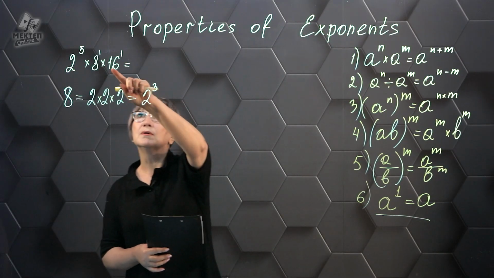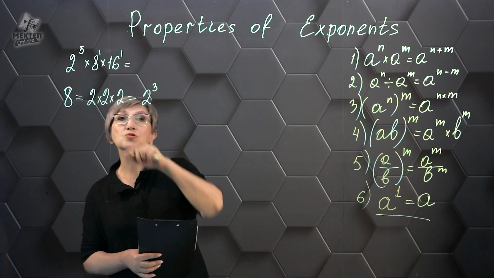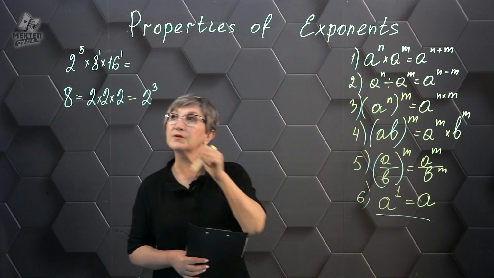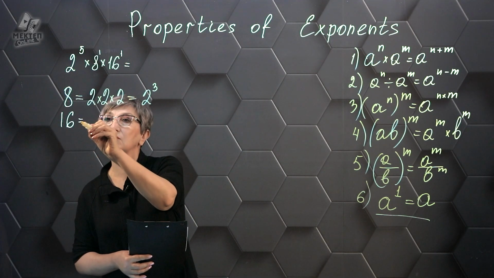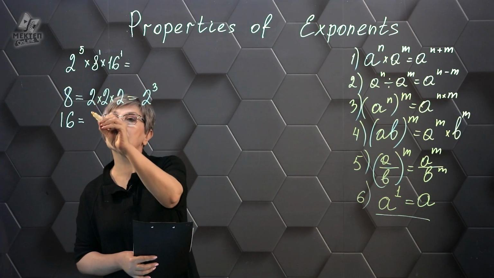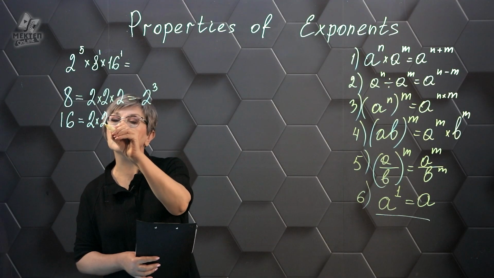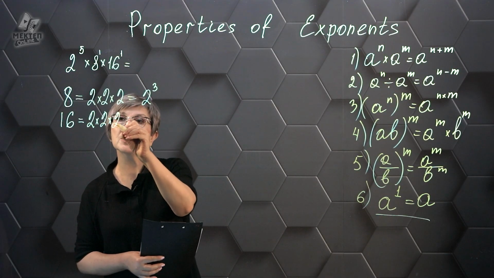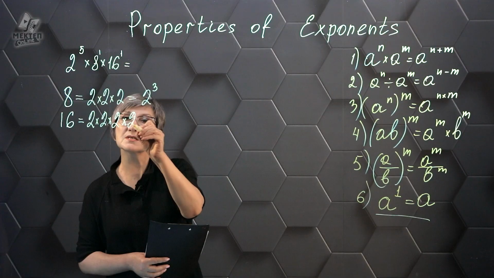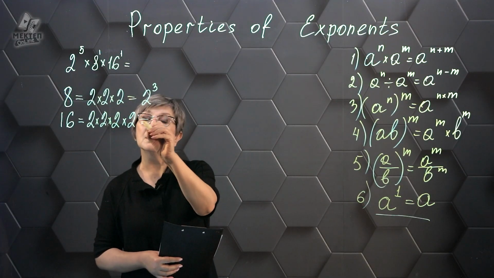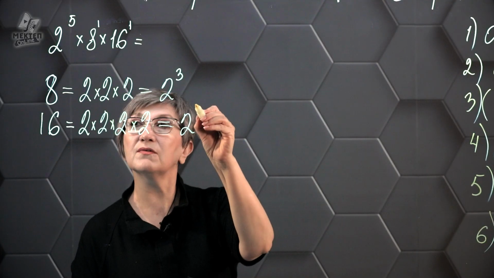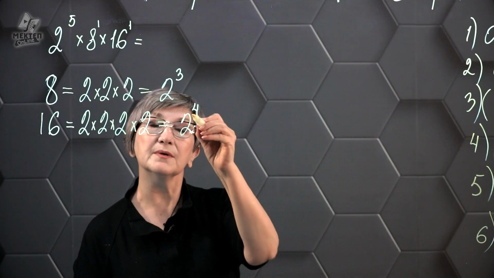Let's try again. I'll try to write the number 16 as 2 to some degree. 16 equals: 2 multiplied by 2 is 4, multiplied by 2 again is 8, multiplied by 2 again is 16. The result is that 16 is 2 to the power of 4.